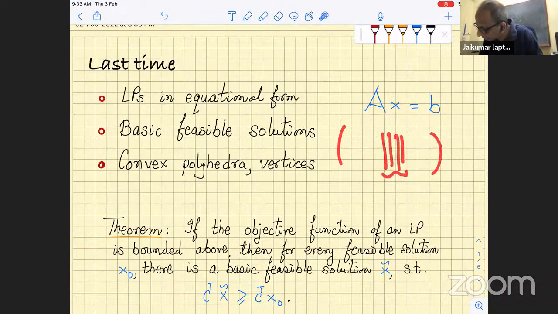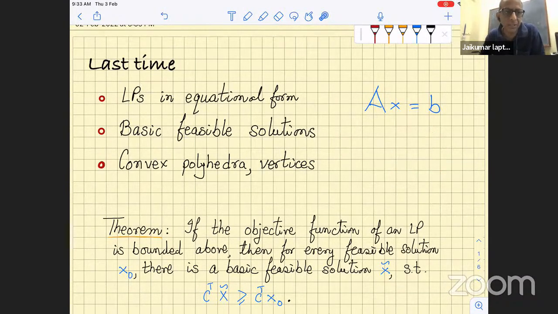The columns where X has non-zero values, those columns should be linearly independent. And then we say that the solution is a basic feasible solution.